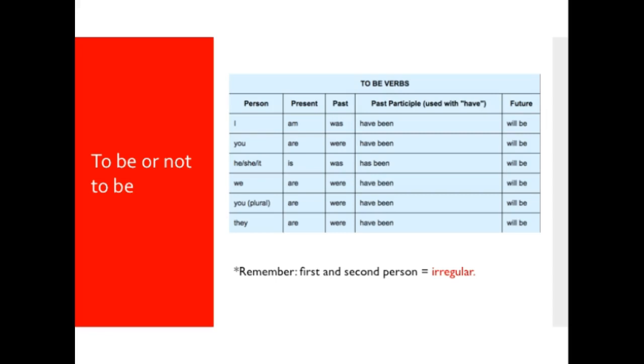But we know that the first person uses am for present tense and was for past tense. So in terms of past tense, first person aligns with third person. But we know that with past participle, first person aligns with plural. So instead of I has been, it would be I have been.